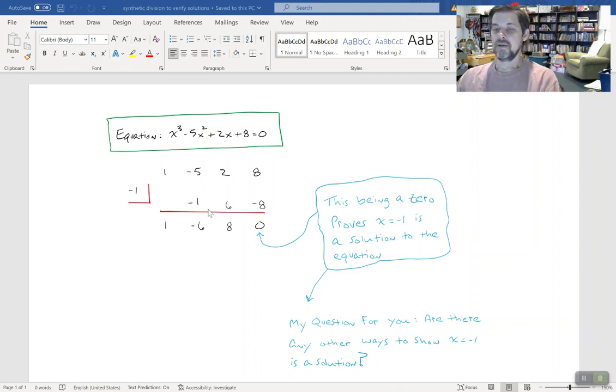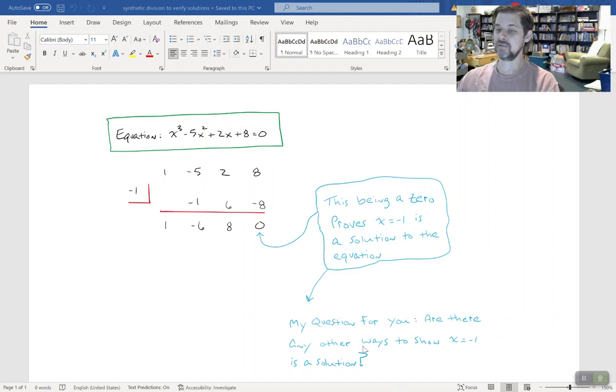But it also plays into what makes some of the problems in my math lab a little bit easier, if we know other ways besides synthetic division to show that a number is a solution to an equation.